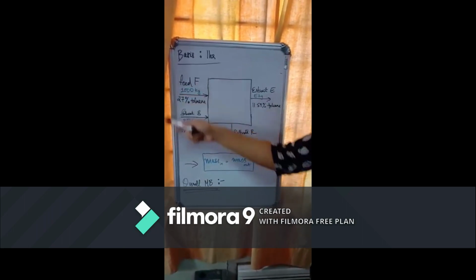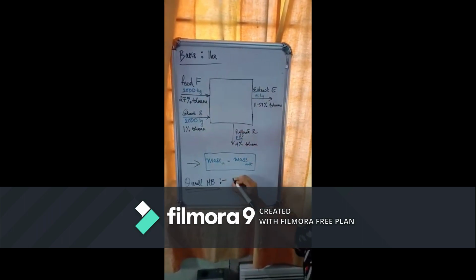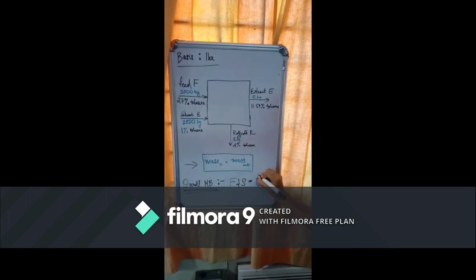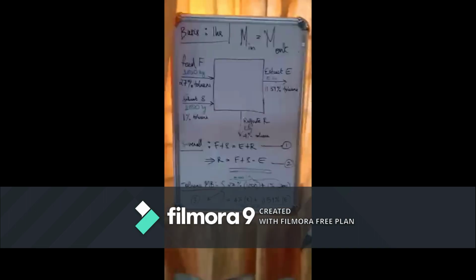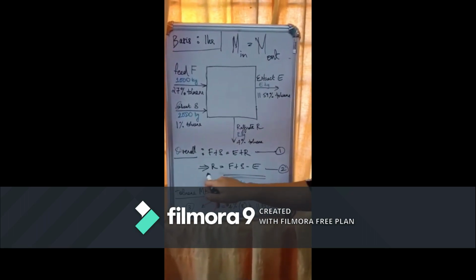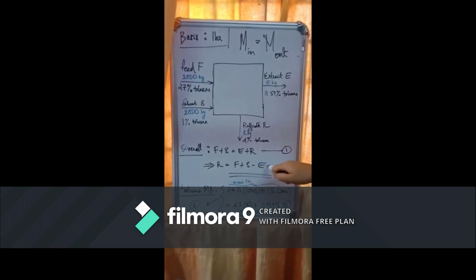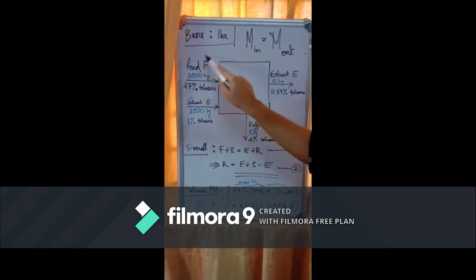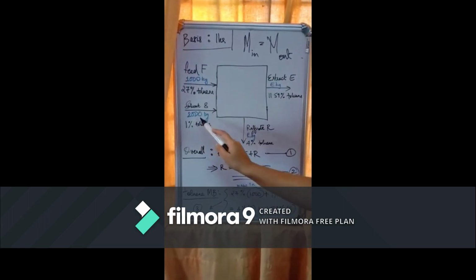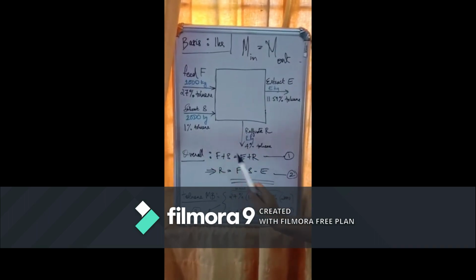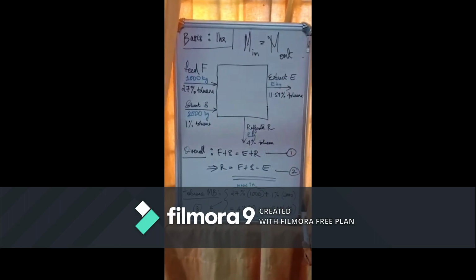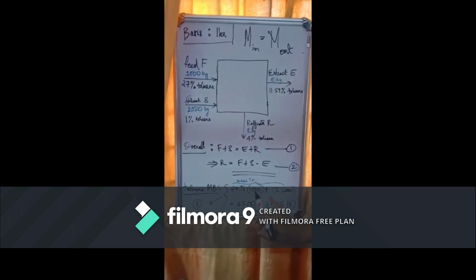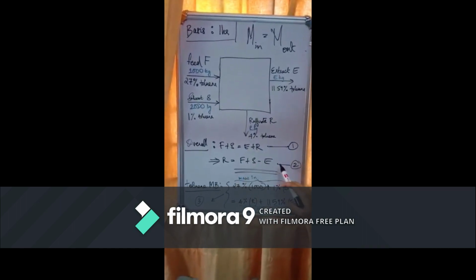The input mass is F plus S, so F plus S equals E plus R. So you can write an equation for R as F plus S minus E equals R. Then when you do the toluene material balance, 27% of 1000 plus 1% of 2000 is the mass in, equal to 4% of R and 11.59% of E. Now what we have to do is replace the R in the equation with this formula.